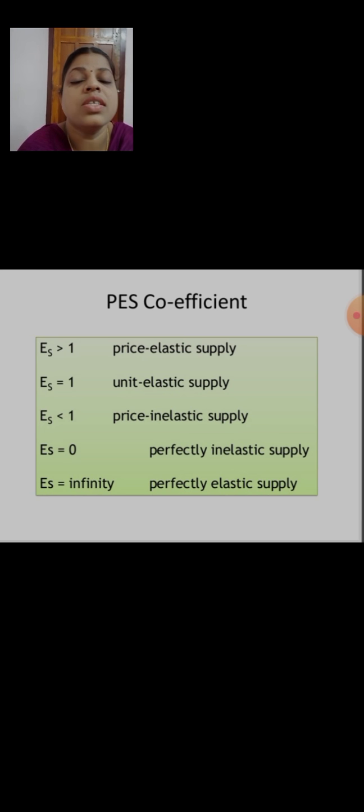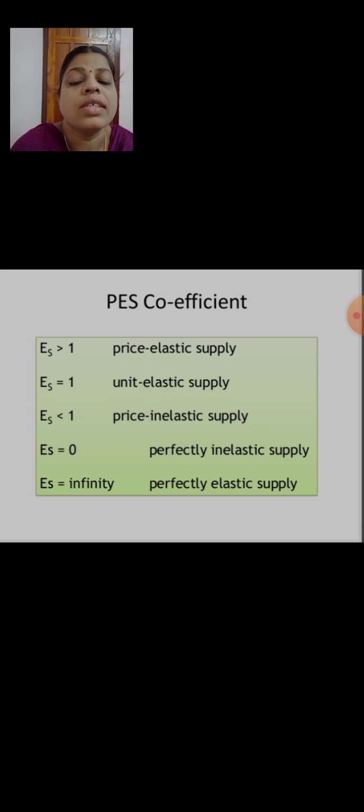The next one is elasticity equal to 0. What it represents is perfectly inelastic supply. That means whatever the changes in the prices, there is no change in the quantity supplied.